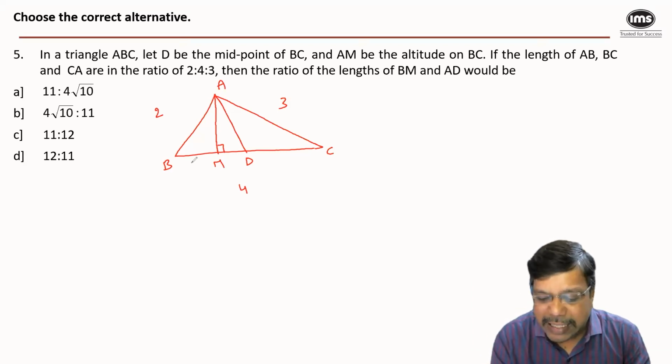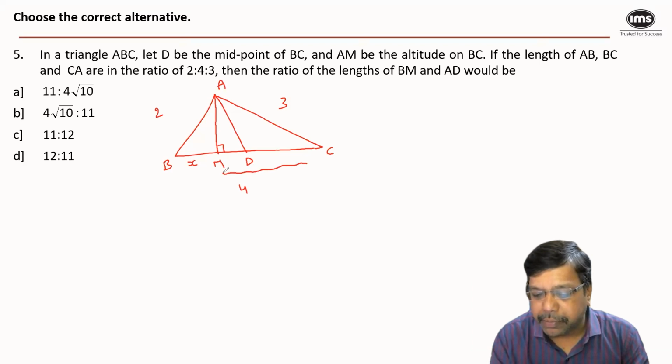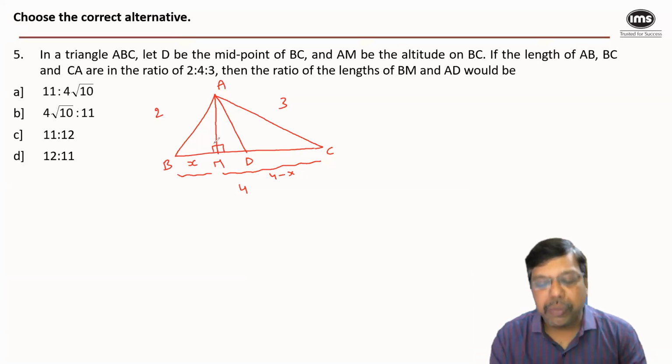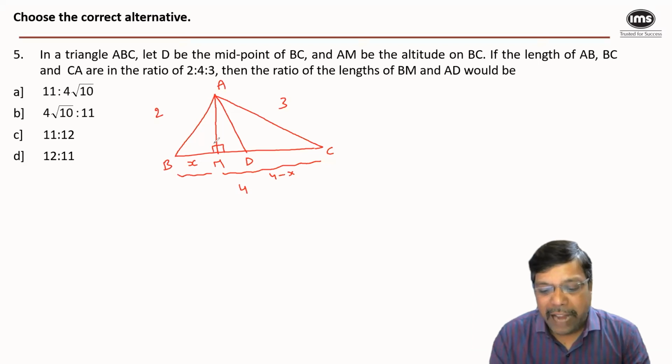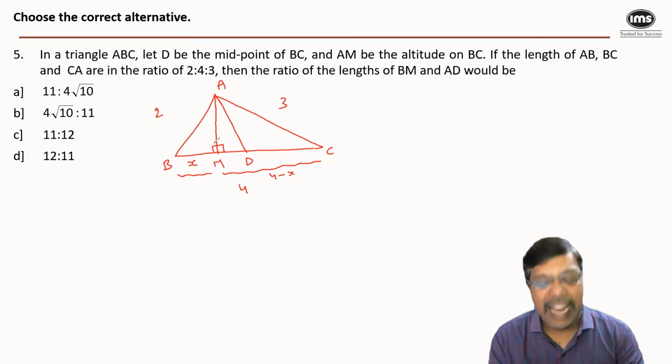Now, if I consider BM to be X, then the value of MC will be 4 minus X. Since AM is perpendicular to BC, I would take two triangles, triangle AMB and triangle AMC.